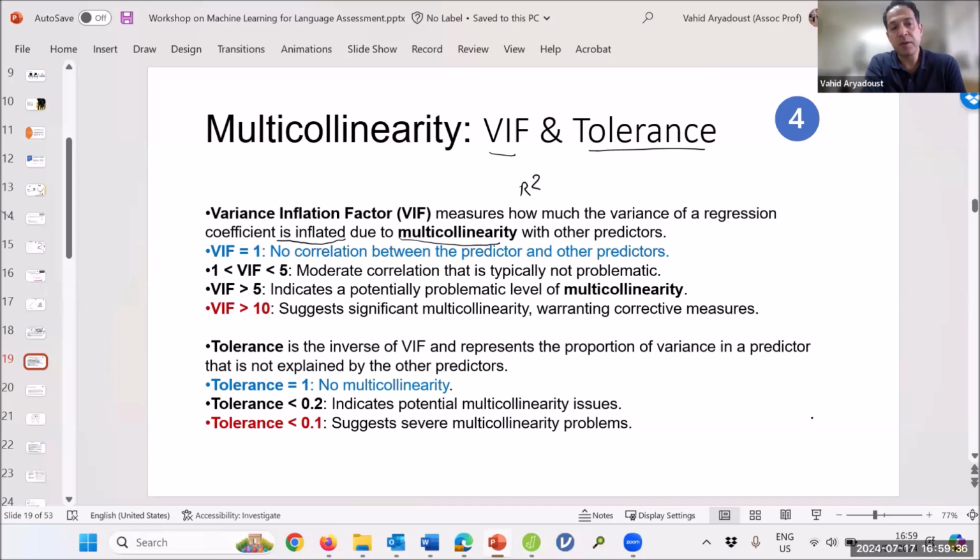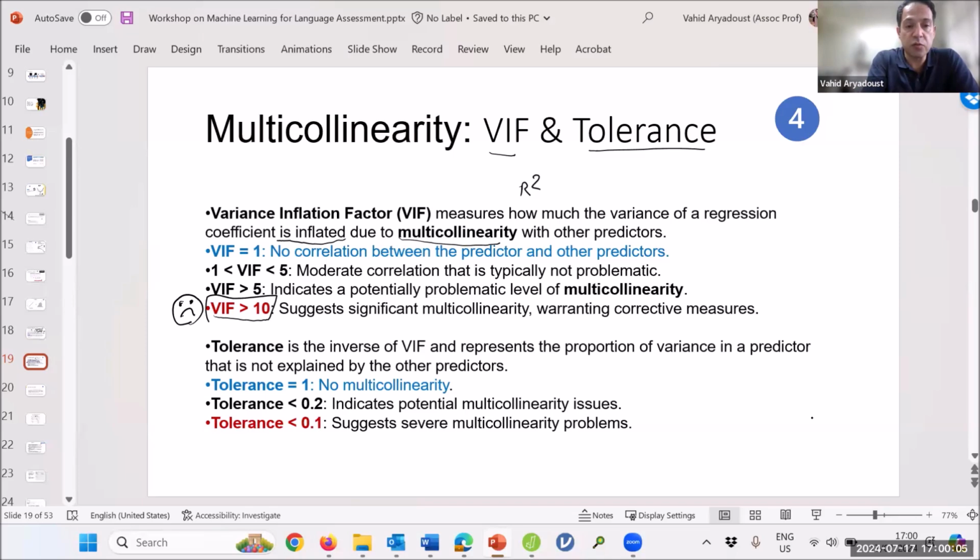But if we're looking at a scenario where VIF is larger than 10, we're looking at trouble. In addition, tolerance, since they are the inverse of each other, should be large, the opposite of VIF.